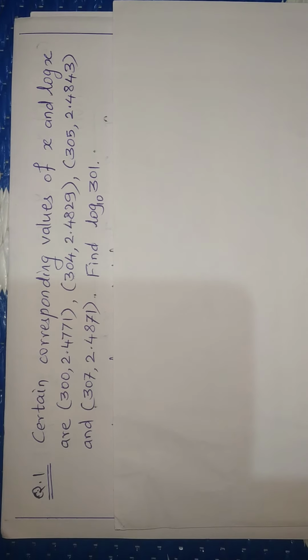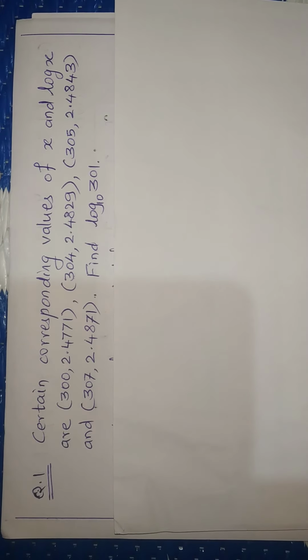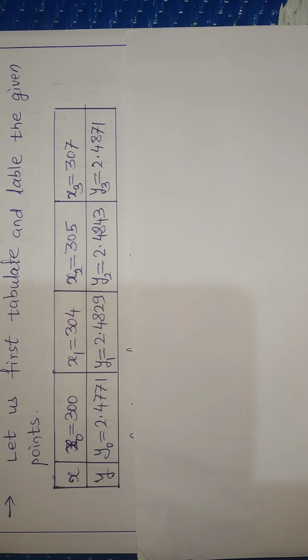Certain corresponding values of x and log x are: for x = 300, 2.4771; for x = 304, 2.4829; for x = 305, 2.4843; and for x = 307, 2.4871. To find log of 301 to the base 10.